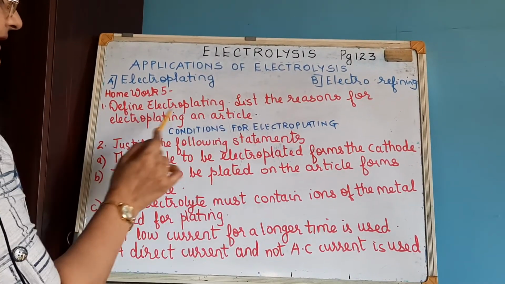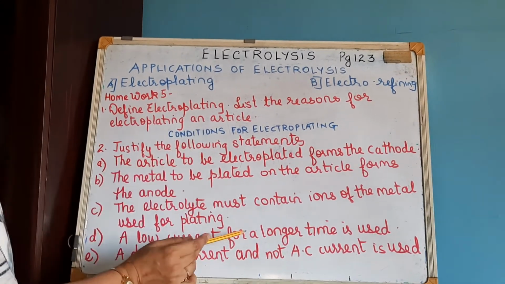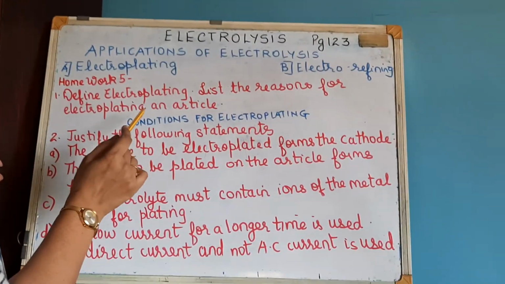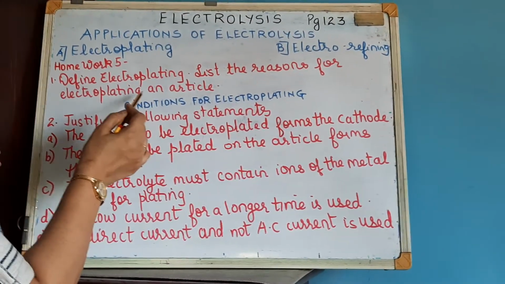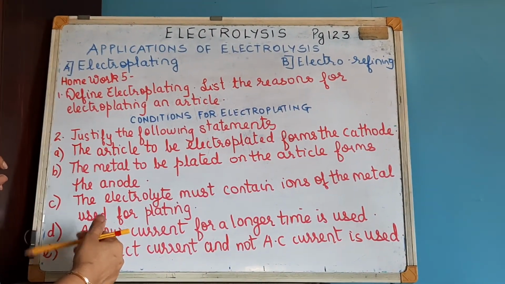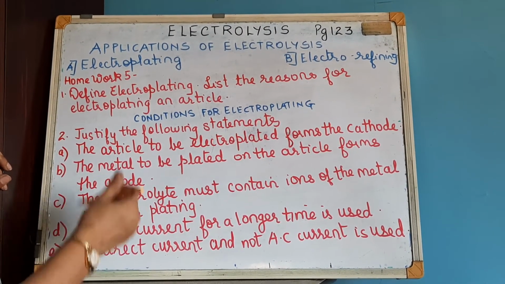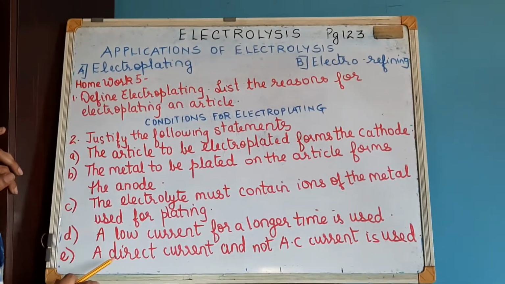And the reasons for electroplating an article are to prevent corrosion, which when it is iron we call rusting, and second, to increase the aesthetic appeal of the article to make it more attractive. Okay, so this is your homework 5.